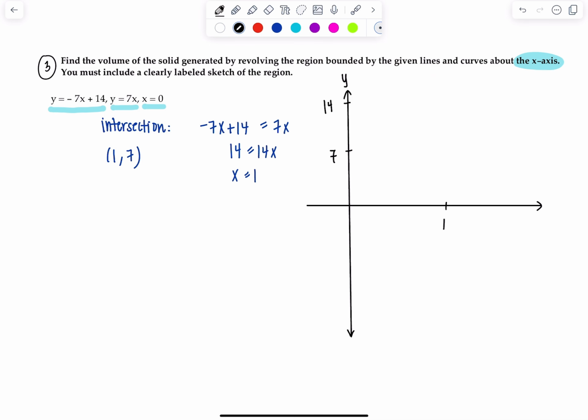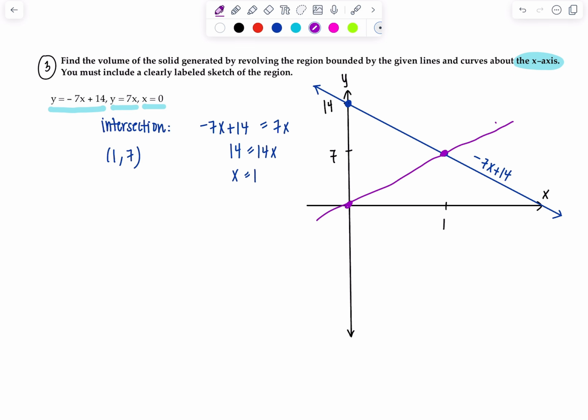And there's nothing wrong with that because my graph's going to look fabulous. So let's graph negative 7x plus 14. It's going to have y-intercept right there, and then it's going to intersect the other line over here. And it keeps going, right? If you want to keep drawing it, there's negative 7x plus 14. And then positive 7x, that's going to intersect right there. It goes through the origin. That's just 7x.